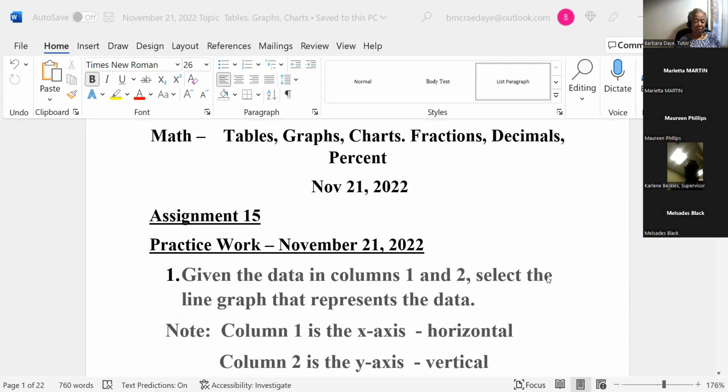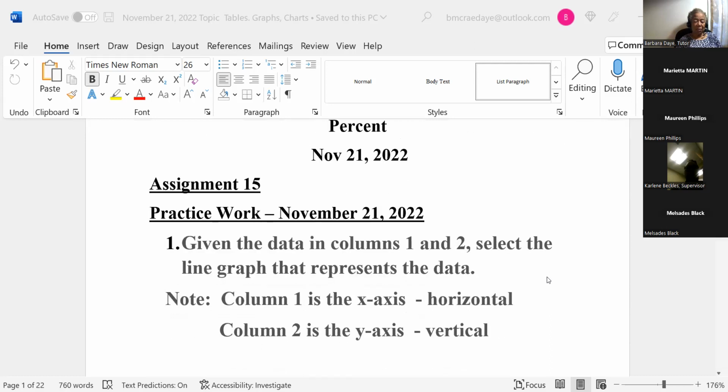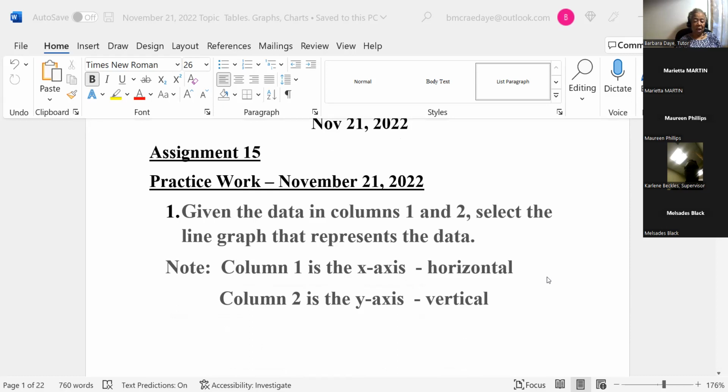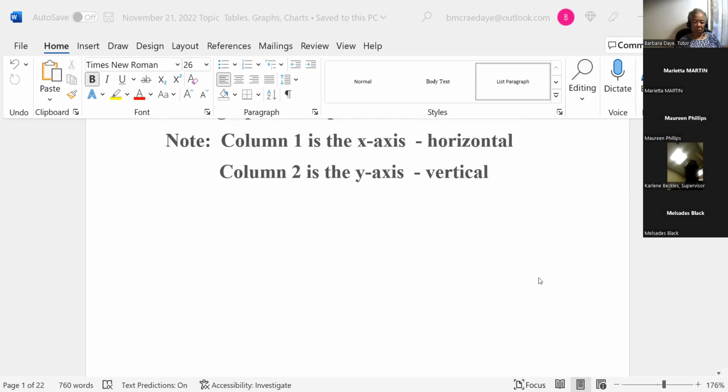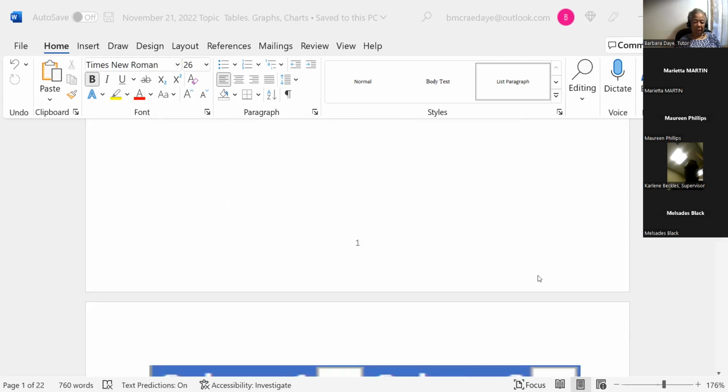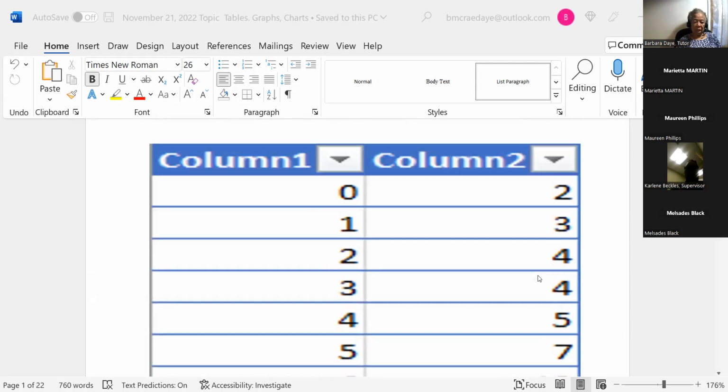Now, I gave you data in columns, but the columns are really horizontal and vertical values. All right. So, and I put it here. Column 1 is on the horizontal, column 2 is on the vertical. All right. So, let's look at the graphs. Now, first, let's look at the columns.